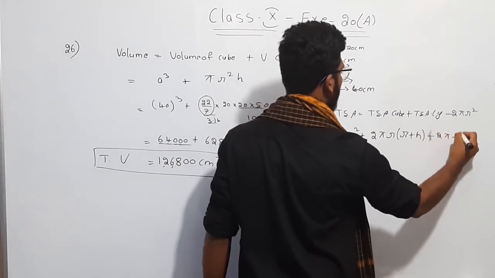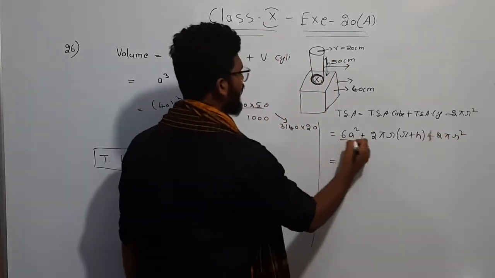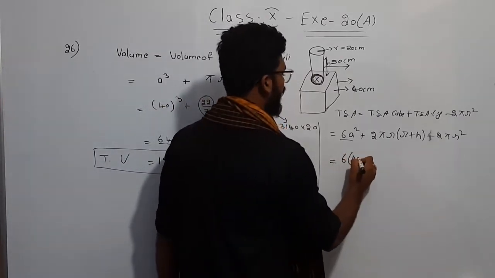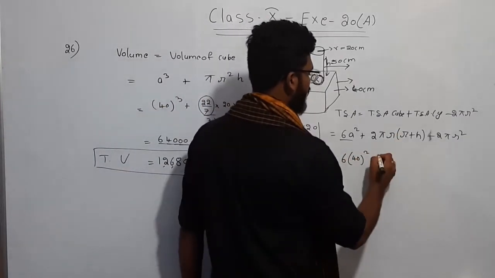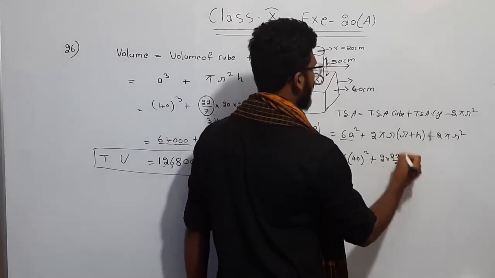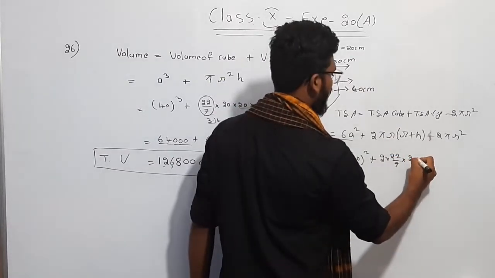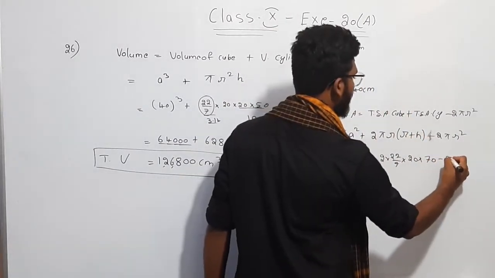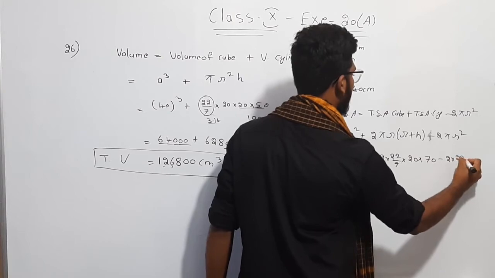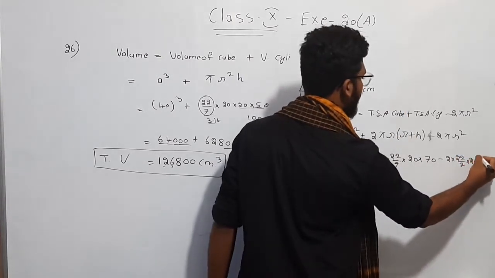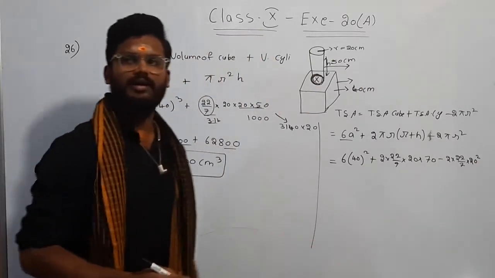pi r square, right? So what is 6a square? 6 into 40 square plus 2 into 22 by 7 into r is 20 into (r plus h), it is 70, minus 2 into 22 by 7 into r square, 20 square, right?